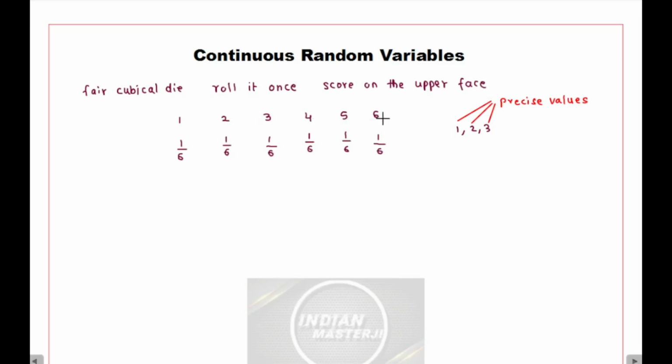But because these scores are precise, we can represent them by something called a discrete random variable. Like I can say X is a discrete random variable which represents nothing but the score on the upper face of the die.